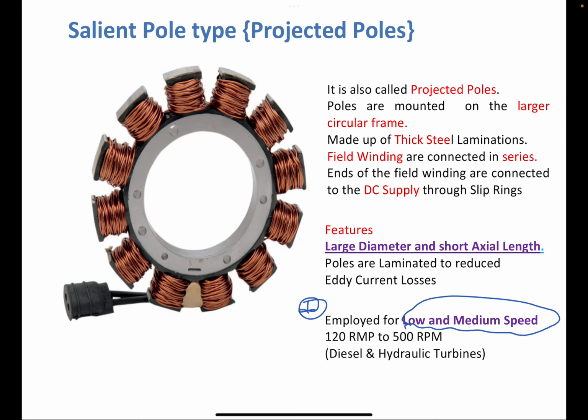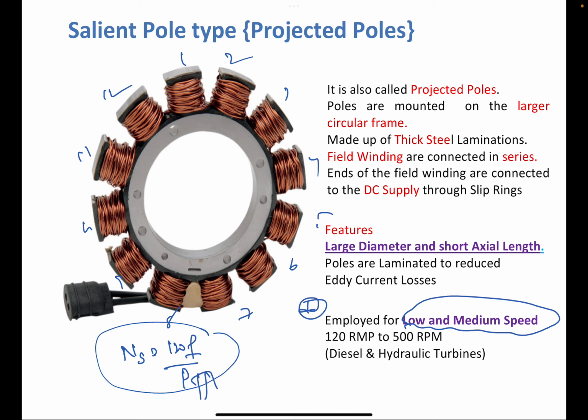How many poles are there here? 1, 2, 3, 4, 5, 6, 7, 8, 9, 10, 11, 12. So for this type the number of poles will be more, as we have the formula N equals 120 F by P. With more poles, the synchronous speed will be less.